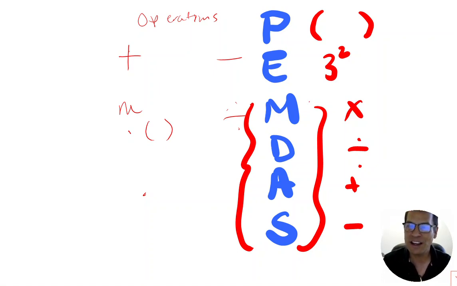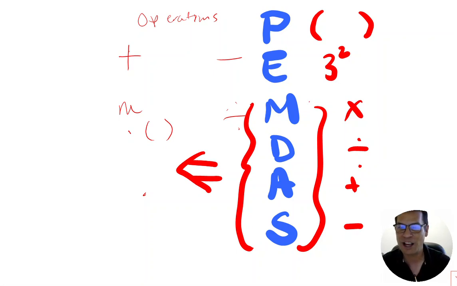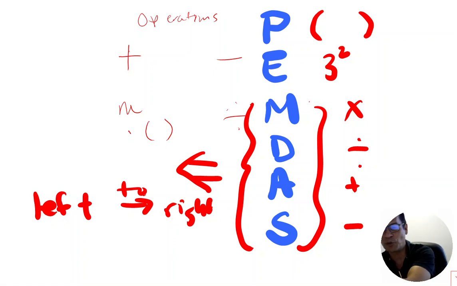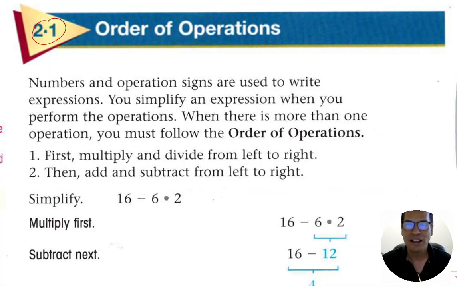And the only other thing I want you to remember about multiplication, division, addition, subtraction is that we're going to do them from left to right. So multiplication and division from left to right, addition and subtraction from left to right. All right, now let's talk a little bit about what we're doing here today.